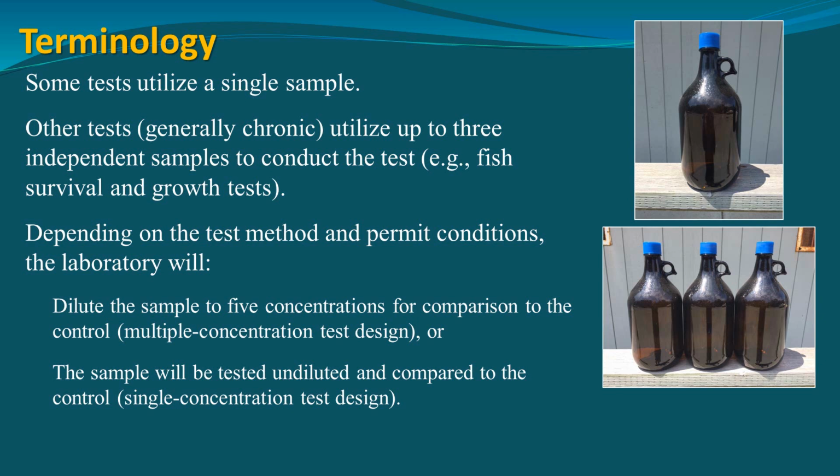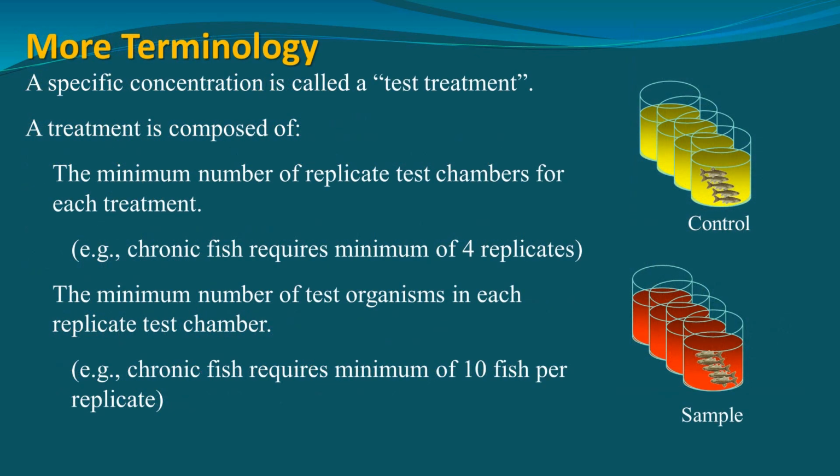Again, when you're working with these 3-bottle tests, these longer-term tests, we usually dilute the sample to different concentrations and compare it to the control. Ambient tests, generally just a single concentration compared to the control. I don't use the term treatment very often, but a specific concentration of the sample in the documentation is usually referred to as a treatment.